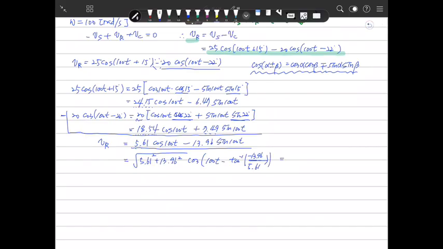So that will be 15 cosine 100t plus 68.1 degree. Wow. So we can calculate the VR in this manner.